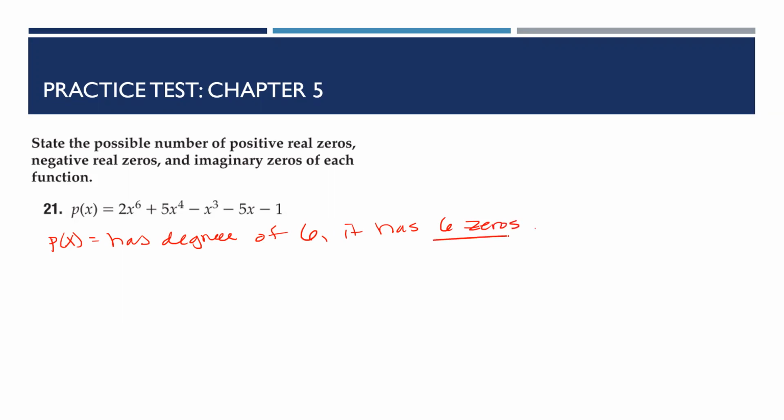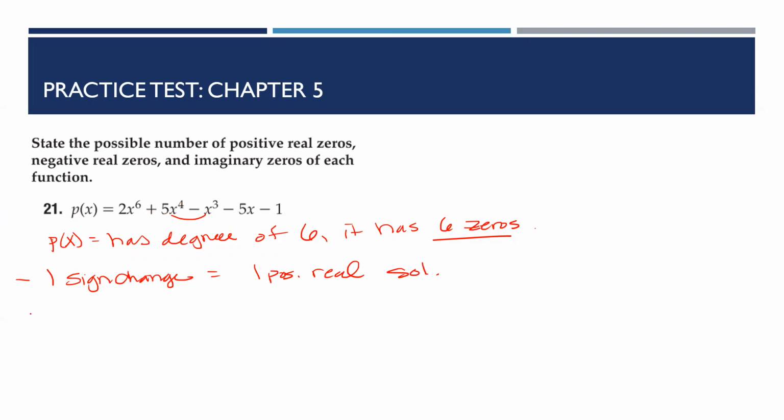Okay, so it's going to have 6 total zeros. All right, so I can use Descartes' rule of signs to determine the number of possible real zeros, and there is one sign change from here to here. It goes from positive to negative, so that means there is one positive real solution. Okay, so that's one of them.